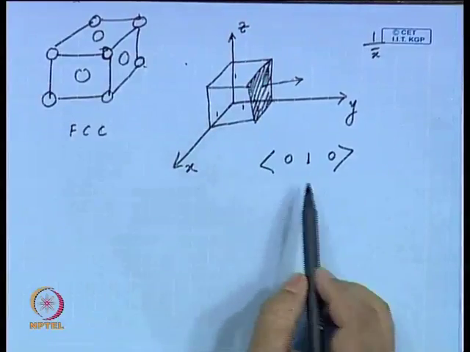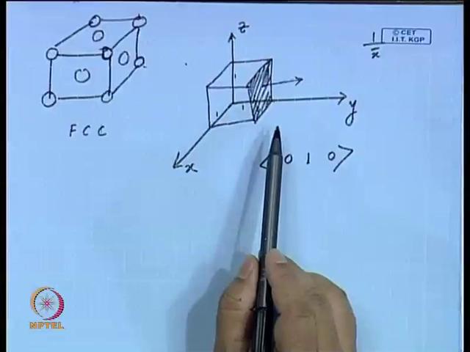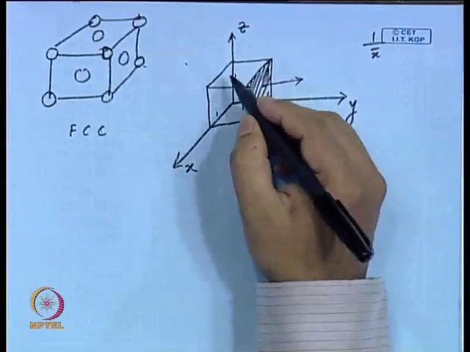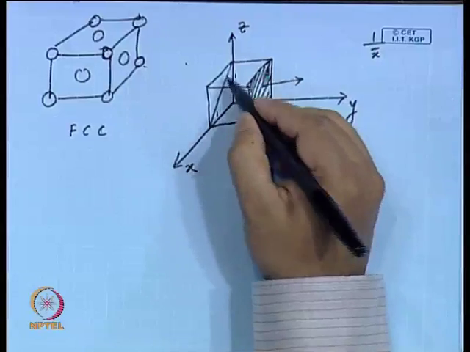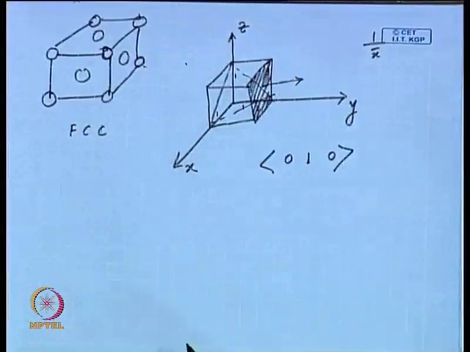So, this way you can define 1 0 0 plane, and how can you define 1 1 1 plane? What would be that? It is cutting the y axis at 1, cutting the x axis at 1, cutting the z axis at 1. So, how would that be? What I can think of is something like this. So, it is cutting all the axes. So, you have 1 1 1 plane.